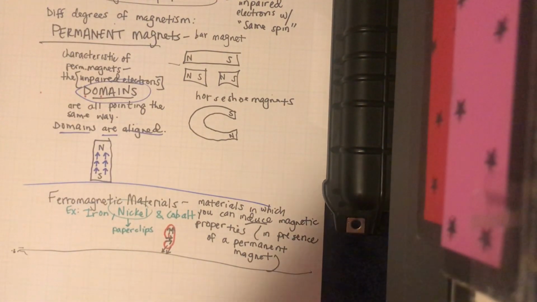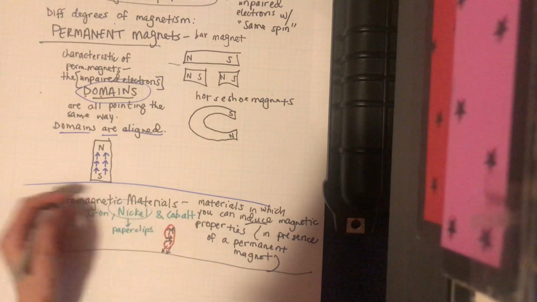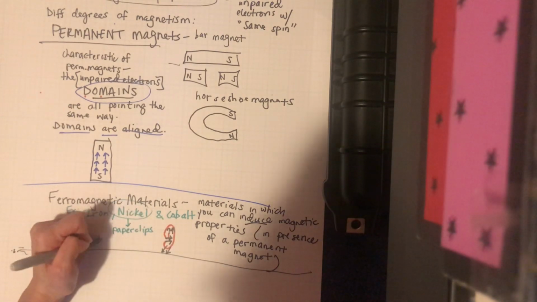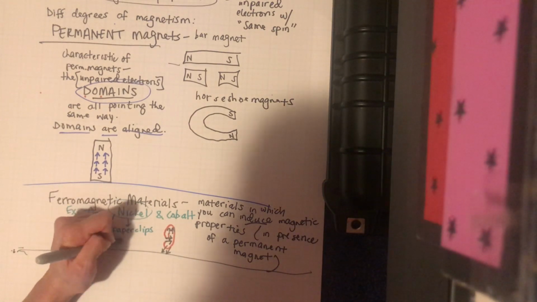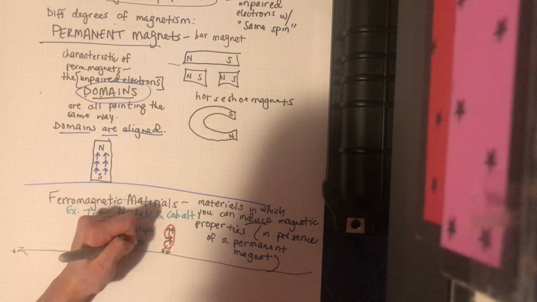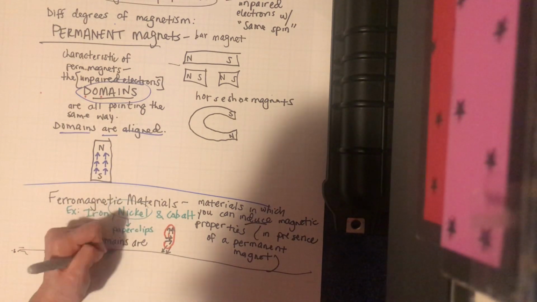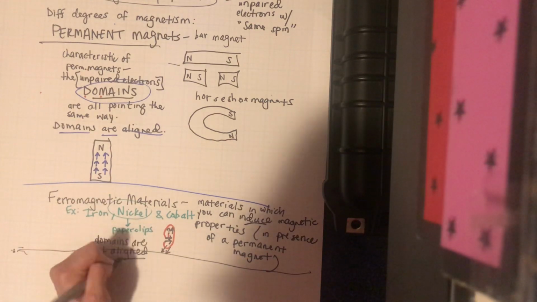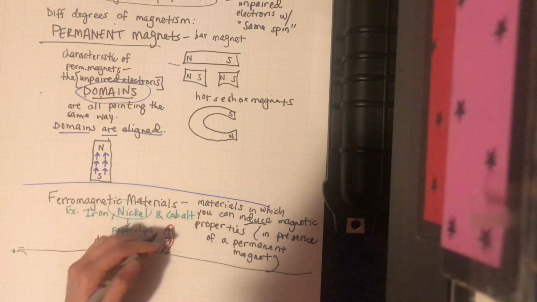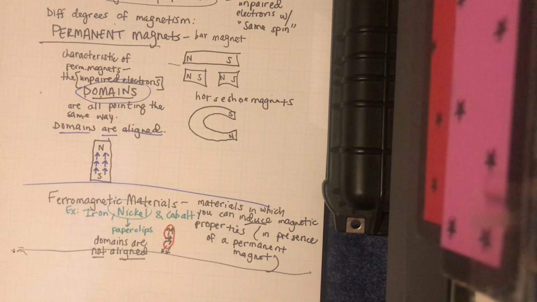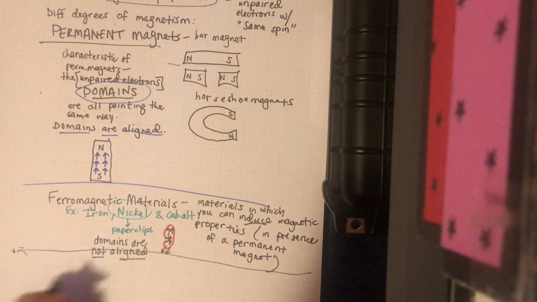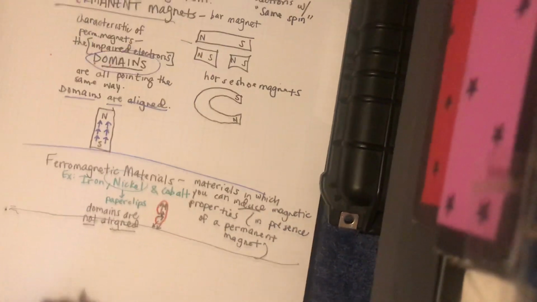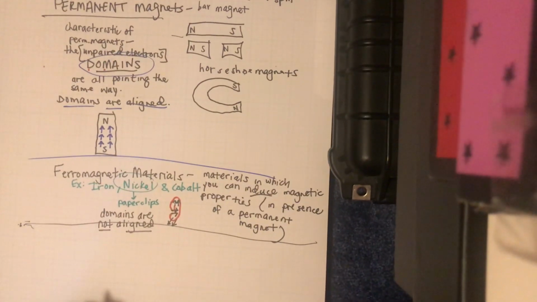So inherently in a ferromagnetic material, domains are not aligned, they're all out of order here, but when we bring a permanent magnet into their presence, they will become aligned, thereby showing we have induced magnetism.